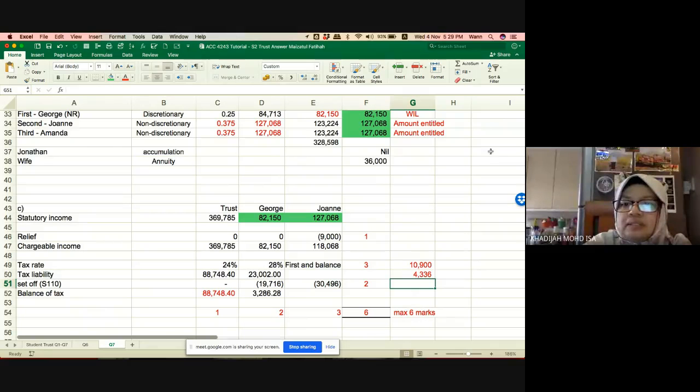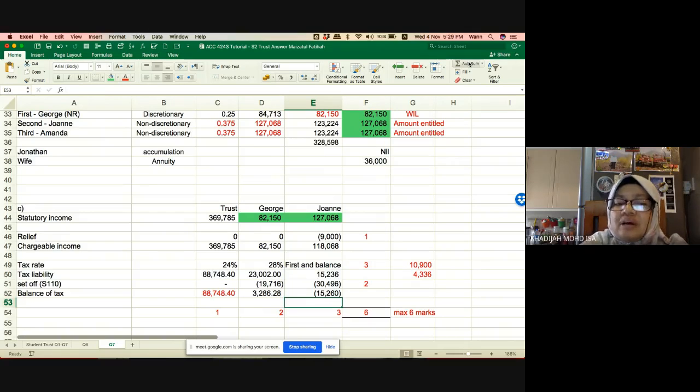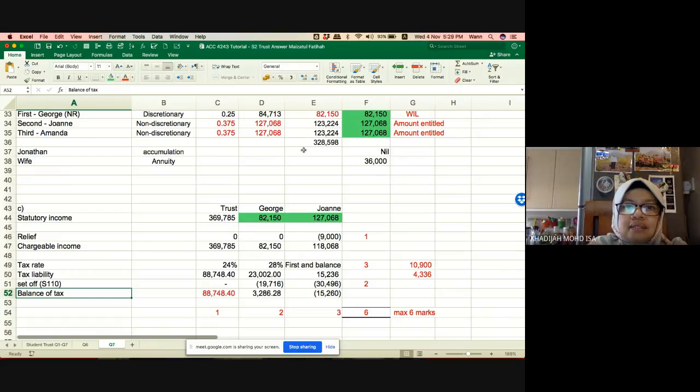So total is 15,236, and then you have the tax credit of 30,000. So what would be the tax refund in this case? Joanne will have a tax refund of 15,260. The balance of tax liability or tax refund. If it's in brackets, it means it's a tax refund.